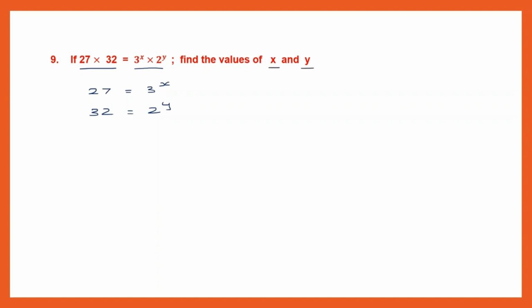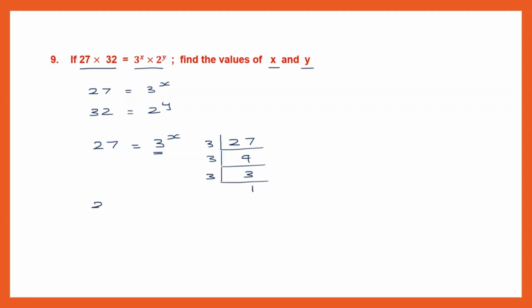So let's take only 27. It says 27 is 3 raised to the power of x. How many times should we multiply 3 to get 27? That's a question. So now let's divide 27 by 3. Okay, because here 3 is given, let's divide 27 by 3. 3 9s are 27. Continue, we are doing prime factorization. 3 3s are 9. Again, you continue. 3 1s are 3.